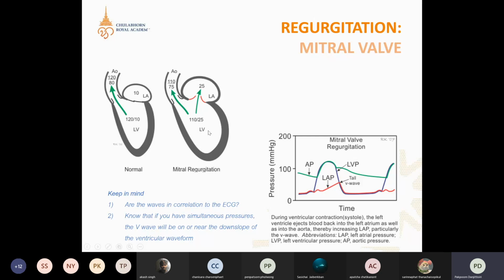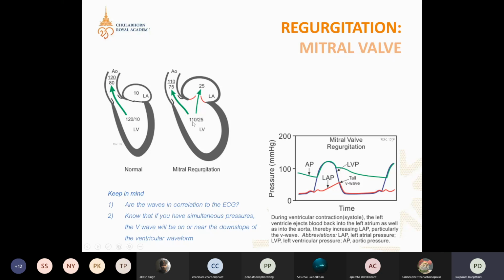Okay, and then nothing happens during the systolic phase between the aortic valve and left ventricular pressure, because there is no aortic valve disease here.